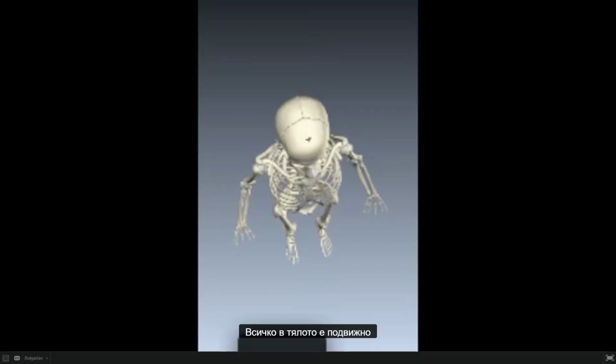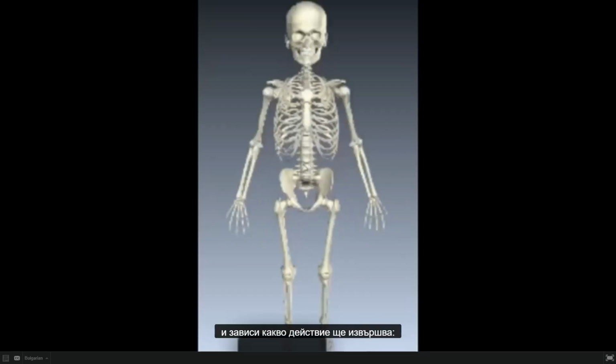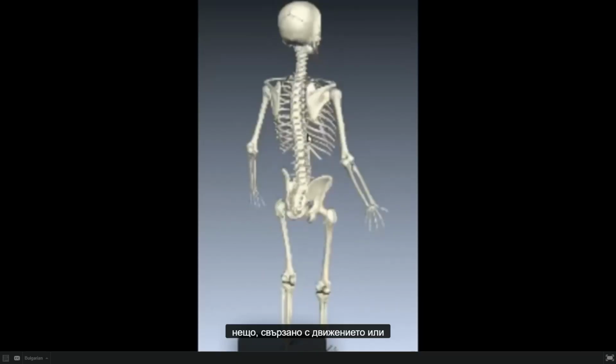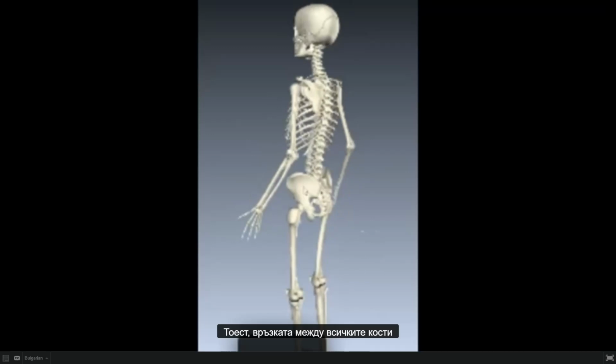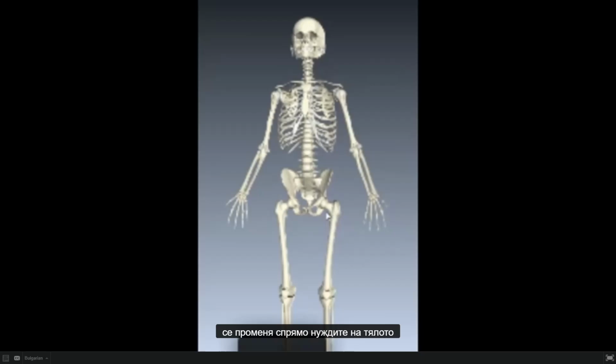Everything in your body is flexible and movable and depends on what function you have to do at the moment, about your movement or to handle some weight or gravity or whatever. It means the connection between all your bones is adjustable to the need of your body, to adjust your body to the environment.